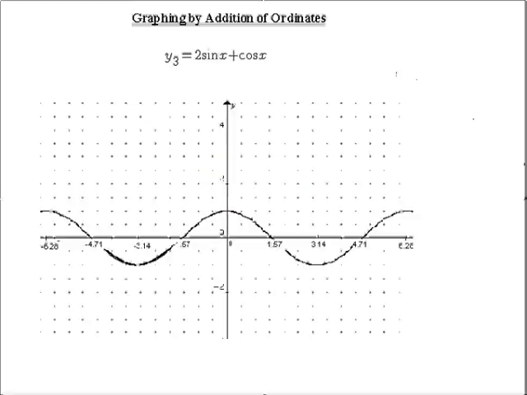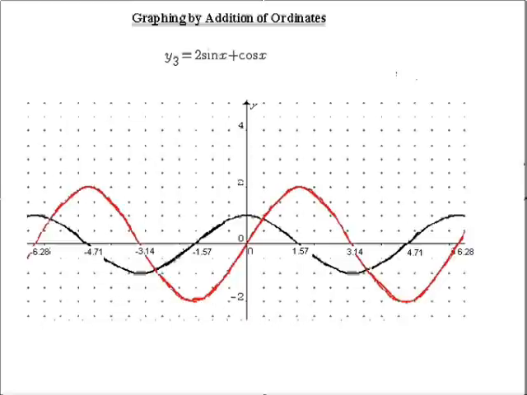So to begin with, here you see the graph of y equals cosine x all by itself. Now here you see we've added y equals 2 sine x to the graph, and to actually do the addition that our actual equation is requiring, what we do is, first of all, look at the intercepts.